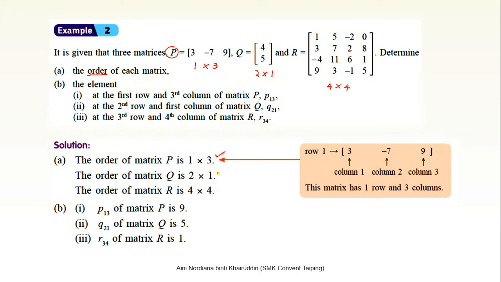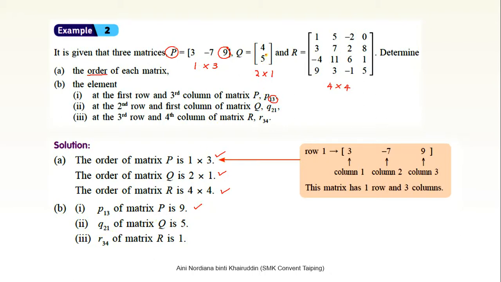This one I explained to you just now. The element of the first row and third column of matrix P is P13. So this is the element 1, 3 for matrix P. For matrix Q, 2, 1.